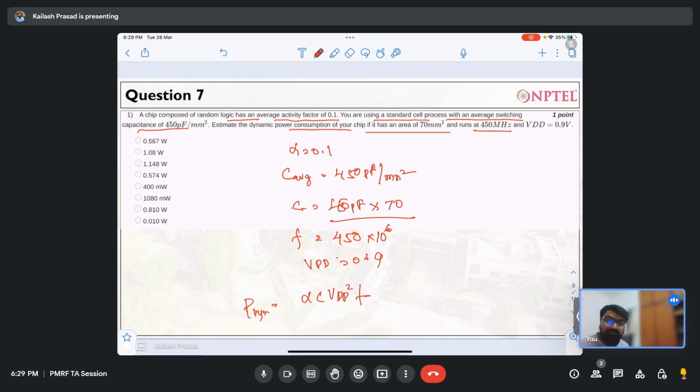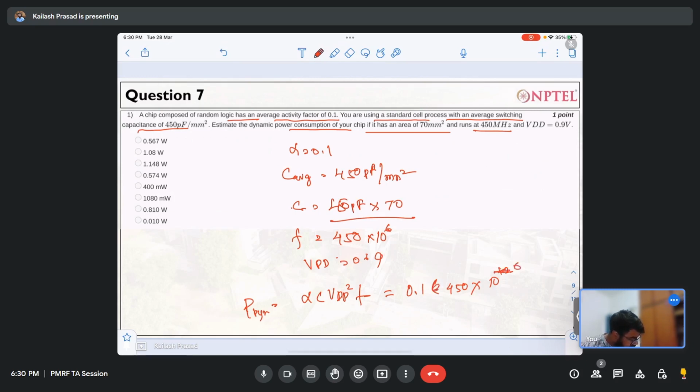If you calculate this, it will be 0.1 multiplied by 450 megahertz.